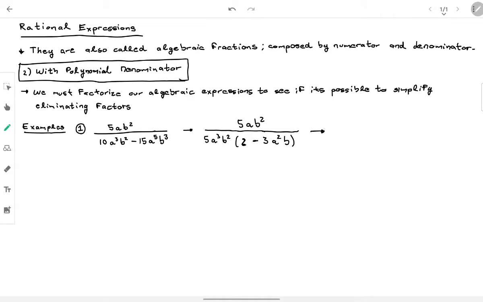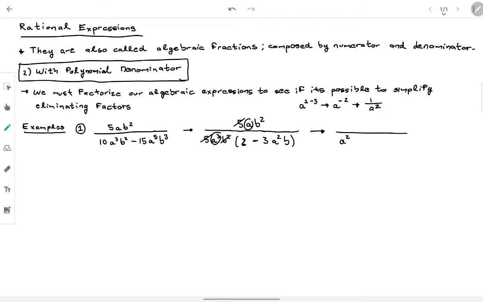Here maybe we can do the simplification by mind. The 5 and the 5 will eliminate. What will happen with the a? It's going to be a to the 1 minus 3, which is a to the minus 2. That means it's going to be a squared in the denominator, because it's bigger on the denominator.